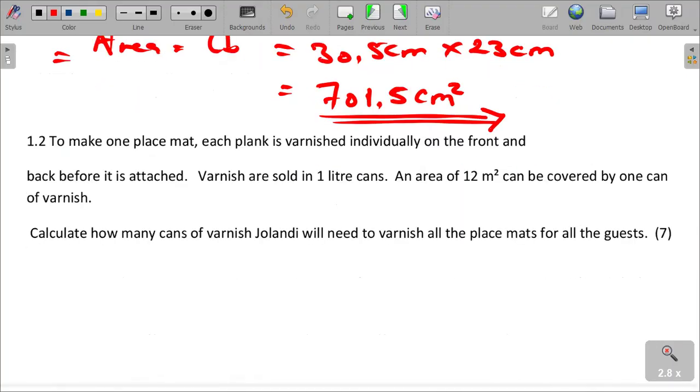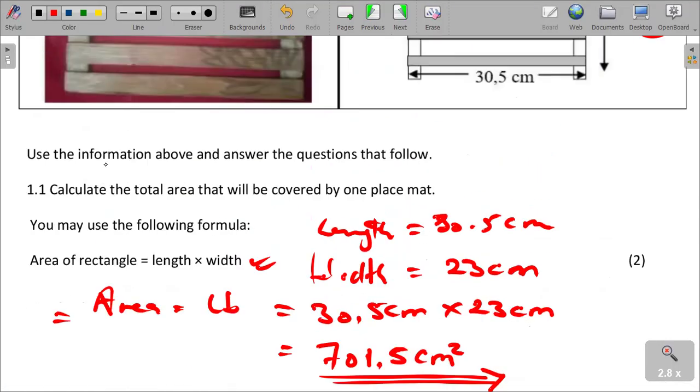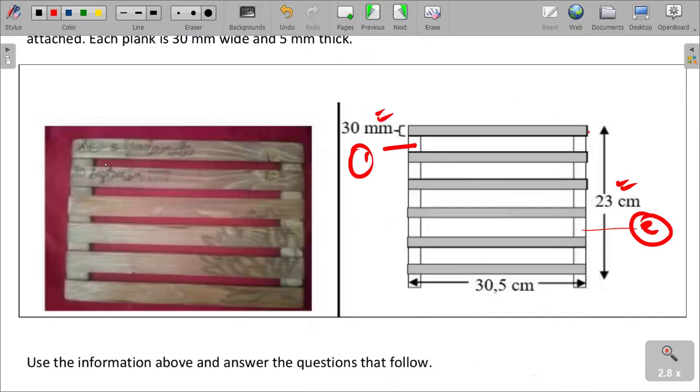And then the next question says, to make the placemats, each plank is varnished individually on the front and back before it is attached. I think you can see that these planks are actually painted.